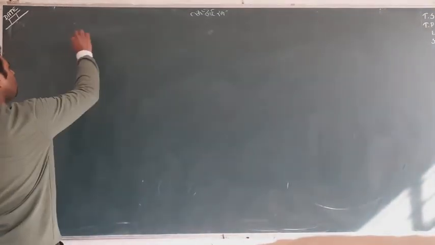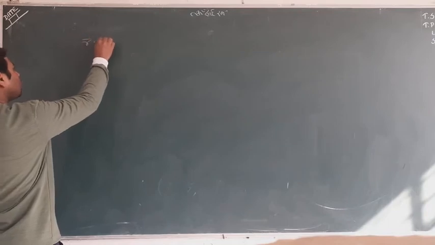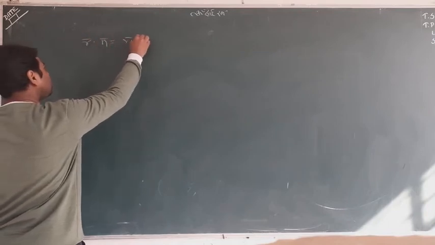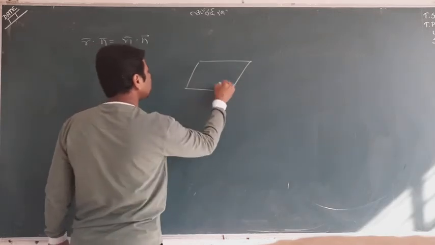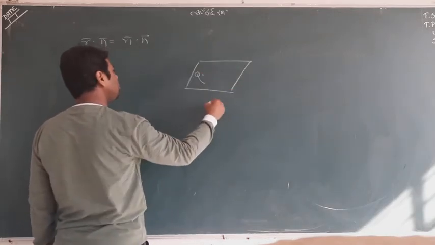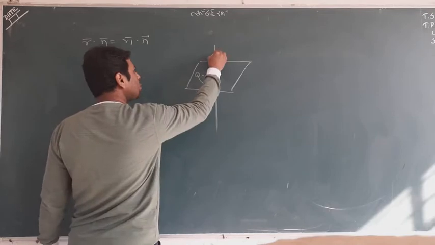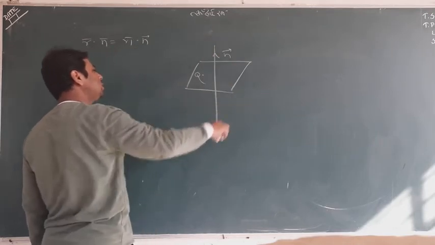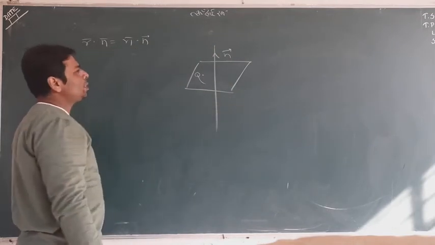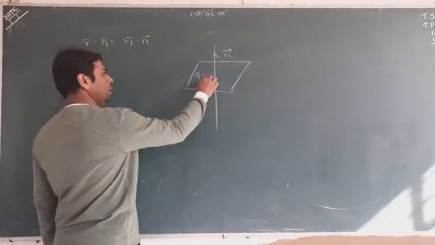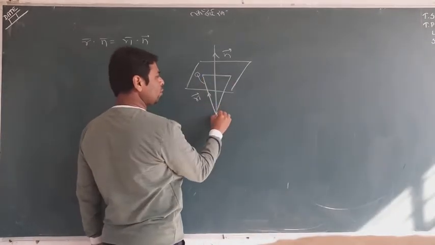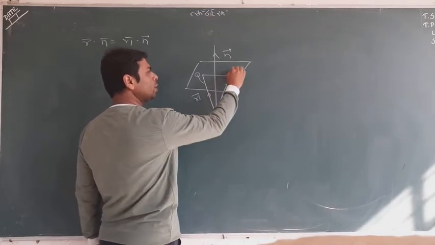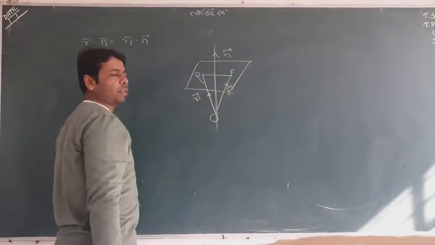In the vector equation, we already saw r dot n equals r1 dot n, where the plane was passing through Q, and this was your n or n cap, whatever you want to call it, and these two things only we need. This was r1, we take this as O, this was P, which was taken simply as r.